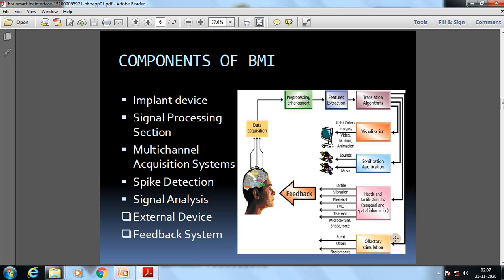One is olfactory stimulation, where scents, odors and pheromones will be detected. Another one is haptic tactile stimulus, temporal and spatial information, where the tactile, vibration, electrical, thermal, microtexture, shape and force information will be collected, and all those are also fed to the human body. Suppose we have created a synthetic, basically prosthetic, hand.